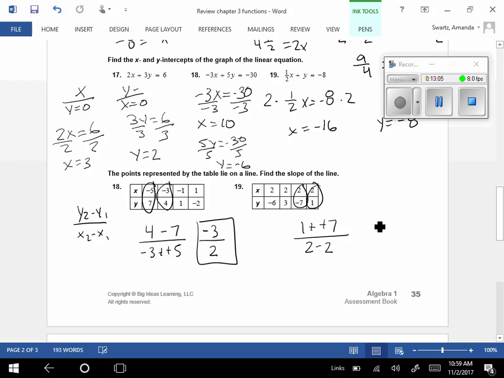Well, I end up with 8 over 0. Can you divide by 0? Can you split things up into 0 groups? No, this is an undefined slope. If you know what that looks like, on a graph, if it's undefined, this is going to be a vertical line at 2. X is going to equal 2 there.